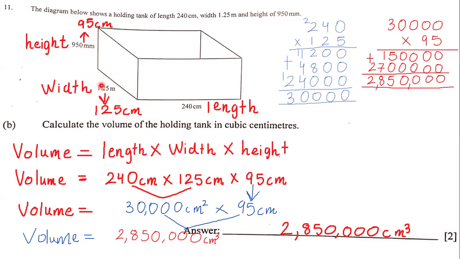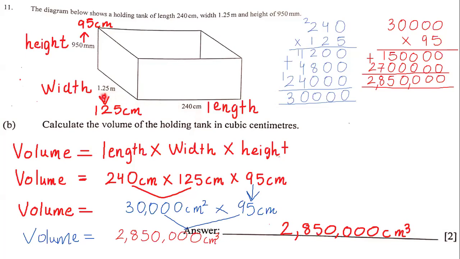In order to convert meters to centimeters, we just multiply by 100. We multiply 1.25 by 100 and get 125 centimeters, because we want it in centimeters. To do the volume, all of them have to be in the same units.